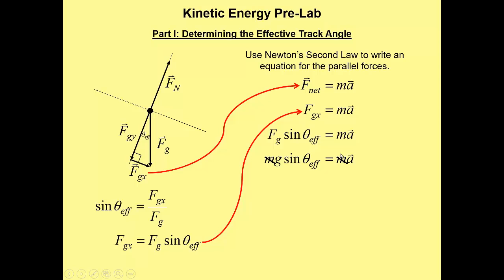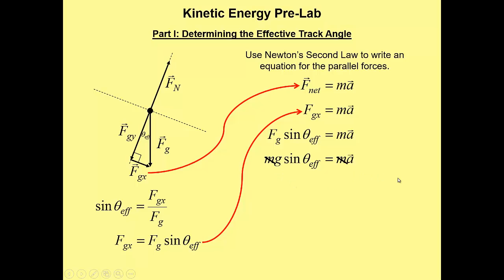But more mass, in the ma, also means more inertia, more resistance to changes in its motion. And as we've discussed before, we have this inexplicable but important equivalence of gravitational and inertial masses, which allow us to cancel these out of the equation. Right? So mass is not a factor.